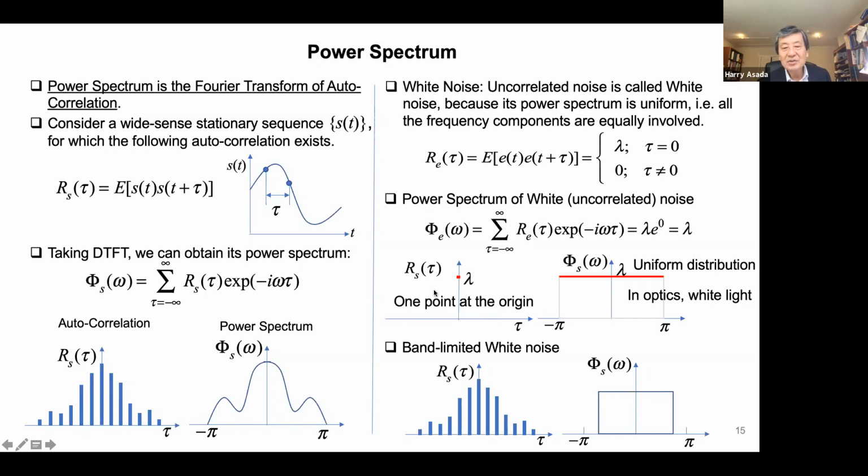That is the representation of the uncorrelated signals in terms of autocorrelation. If you take the Fourier transform, converting this to a power spectrum, it turns out that the power spectrum is just a constant throughout this period, minus pi to pi.